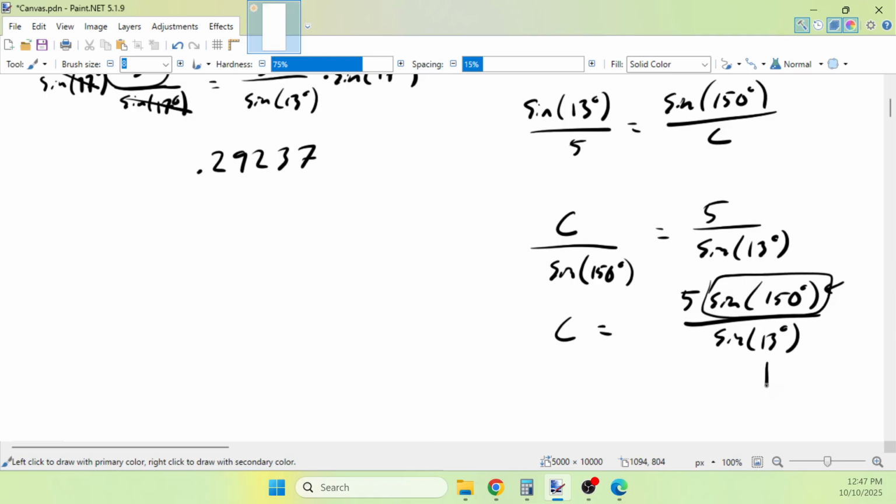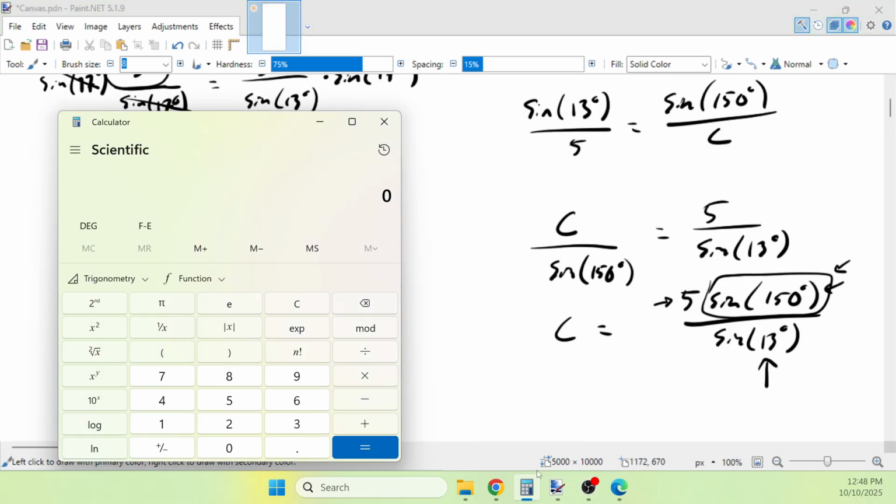It's going to be easiest to plug in 13, take the sine, take the reciprocal, then multiply by 5, and then multiply by sine of 150. So I need to know what the sine of 150 is first.